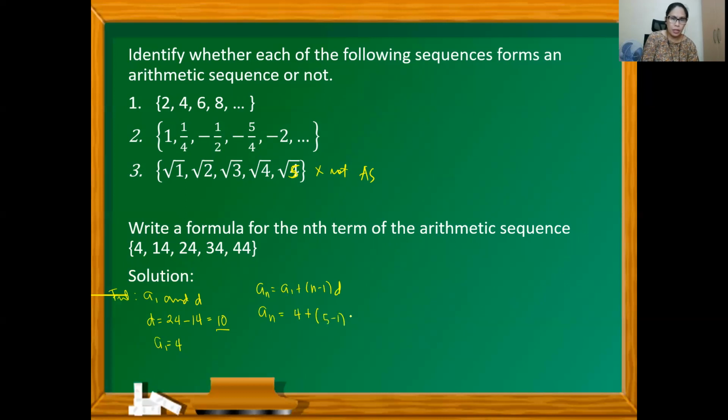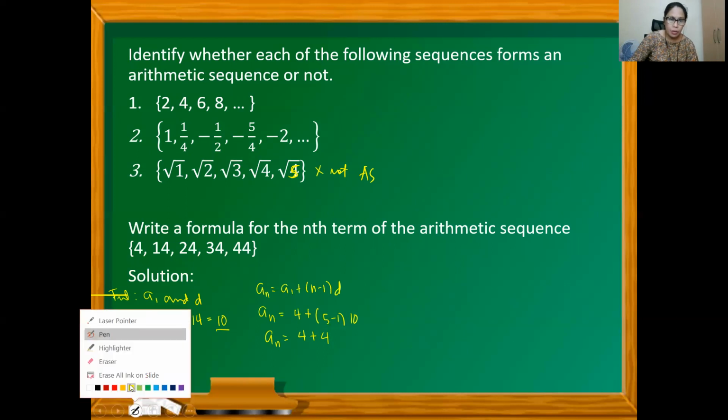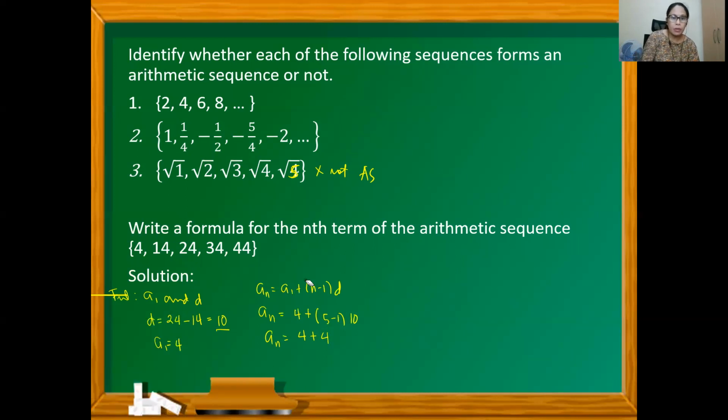Then the common difference is 10. So we have a sub n equals 4 plus 4, rather we have 4n. Let's work on this one.